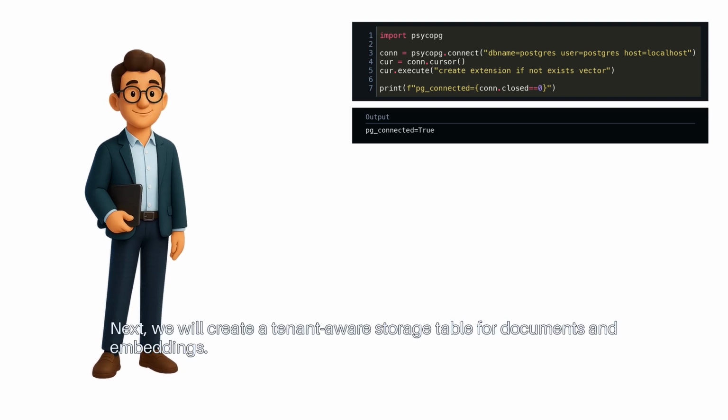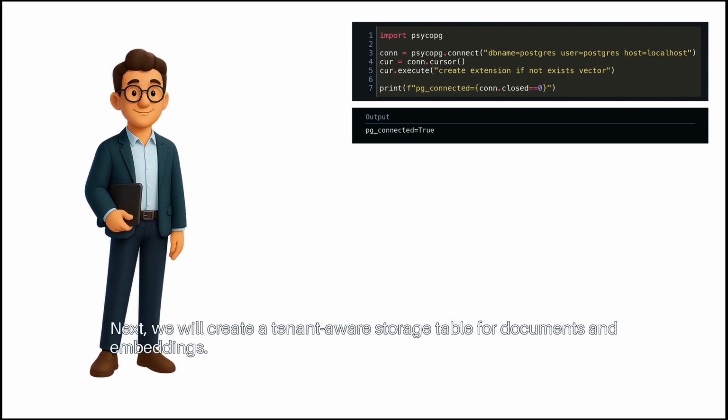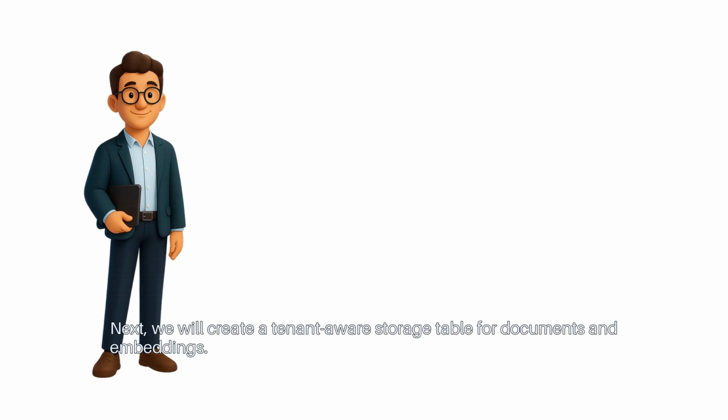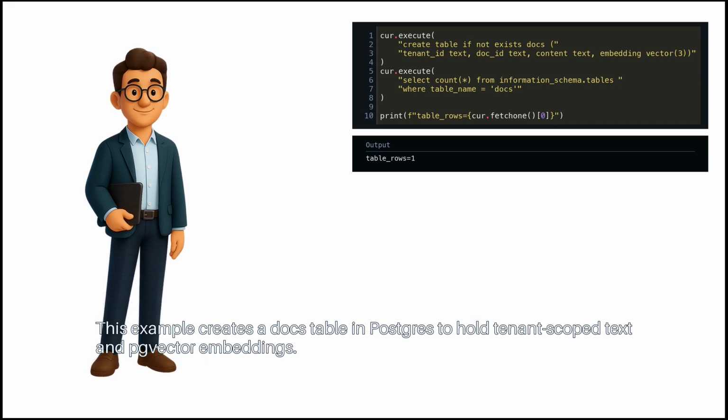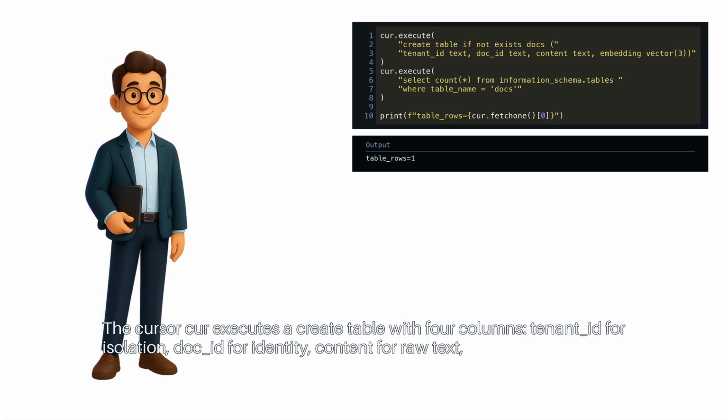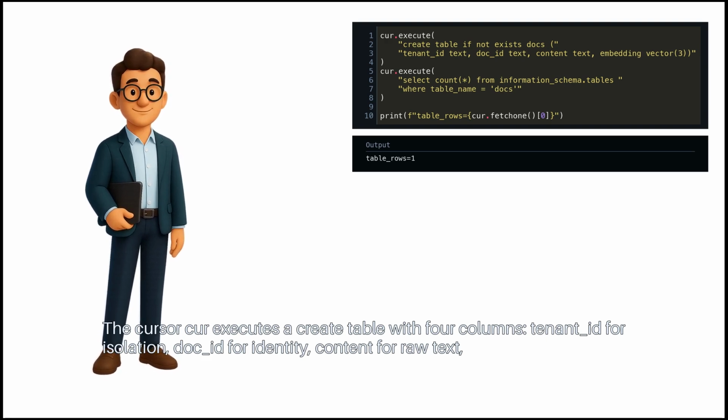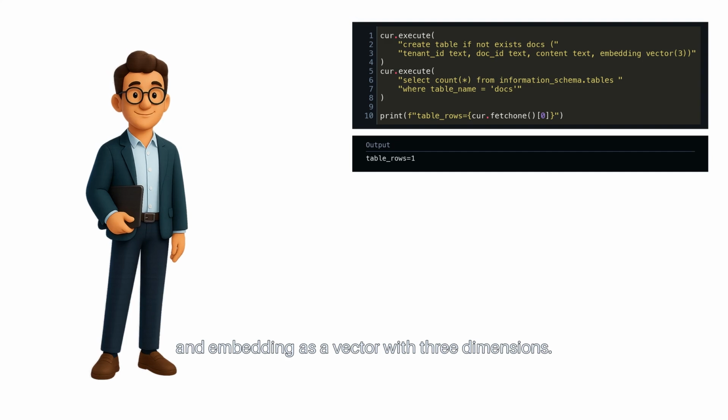Next, we will create a tenant-aware storage table for documents and embeddings. This example creates a docs table in Postgres to hold tenant-scoped text and pgvector embeddings. The cursor cur executes a create table with 4 columns: tenant ID for isolation, doc ID for identity, content for raw text, and embedding as a vector with 3 dimensions.